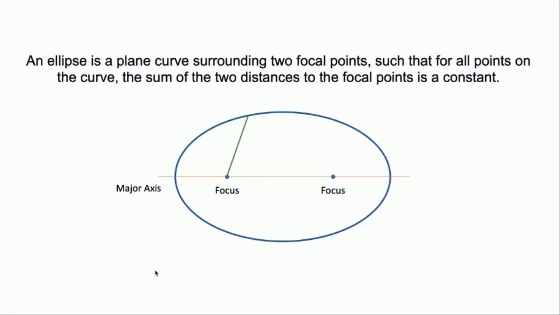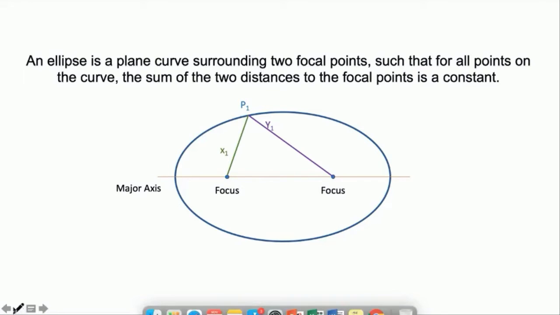I'm going to construct one line from a focus to the corresponding point, and this line is of length x1 and y1. So I have a point P1. I'm going to take a point here and draw lines from the two focuses.